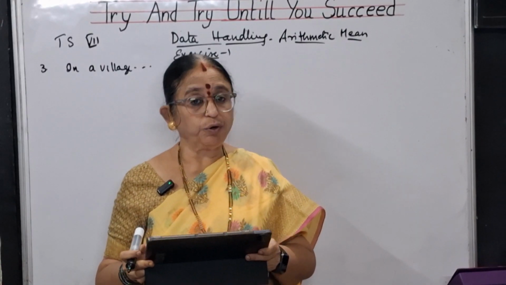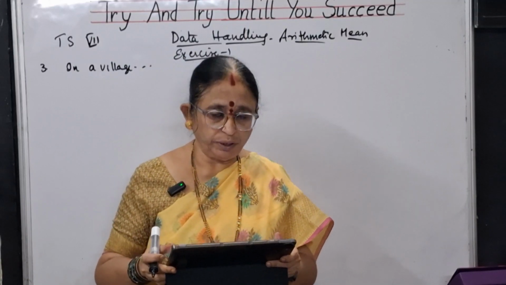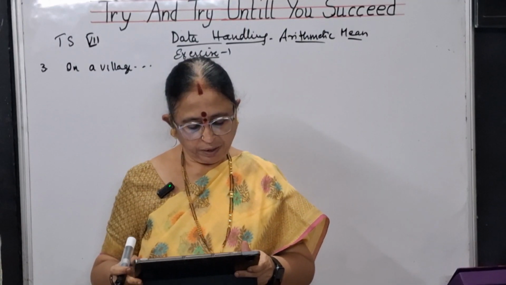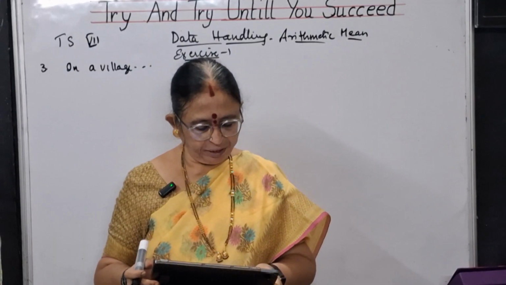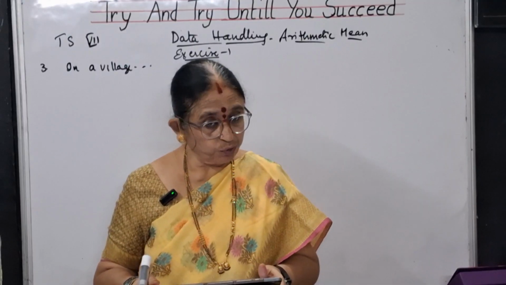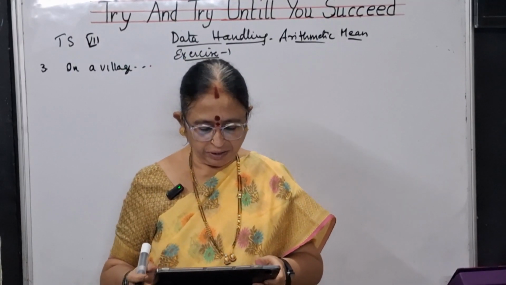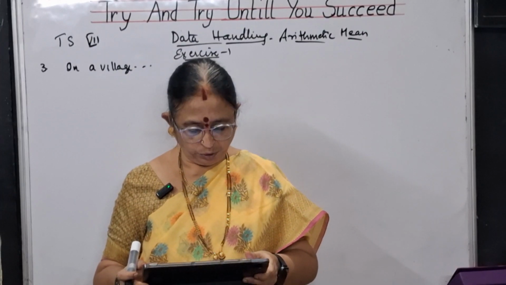The profit in rupees on the crops per acre is shown in the table below. Crop and year. The crops are groundnuts, jawar, millets. Years 2005, 2006, 2007, 2008. And they have given the amounts.